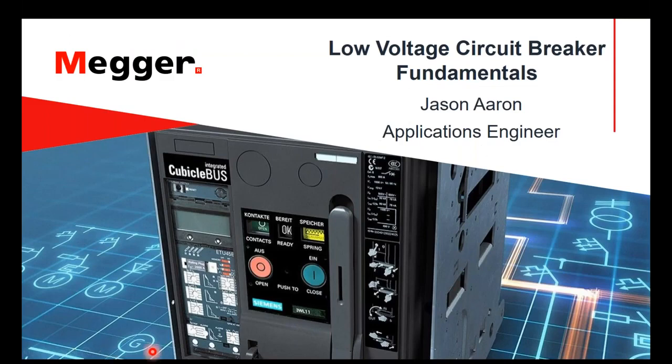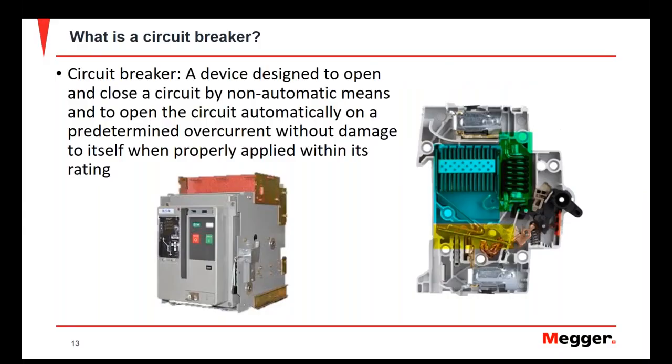So now that we've talked about primary injection, let's talk about how that applies to low voltage circuit breakers. So what is it that we're talking about whenever we use the term circuit breaker? Well, we're talking about an electrical device that can operate by a non-automatic means to open or close an electrical circuit, but also it can operate by an automatic means to open a circuit at a predetermined overcurrent setting to protect that circuit.